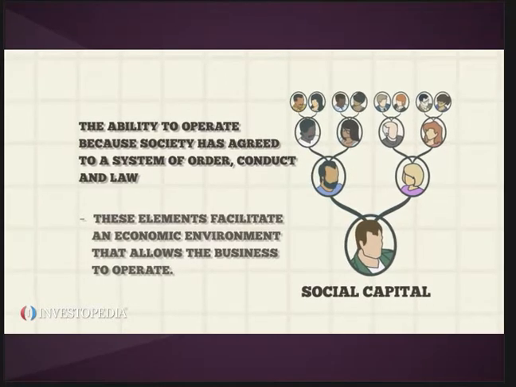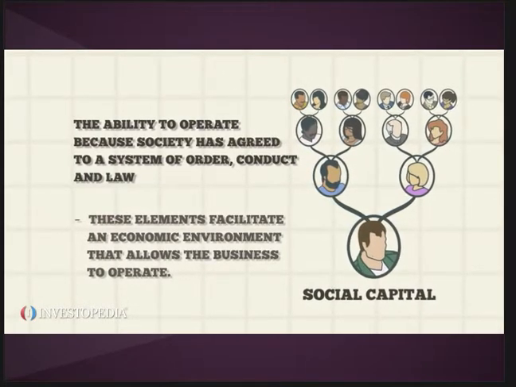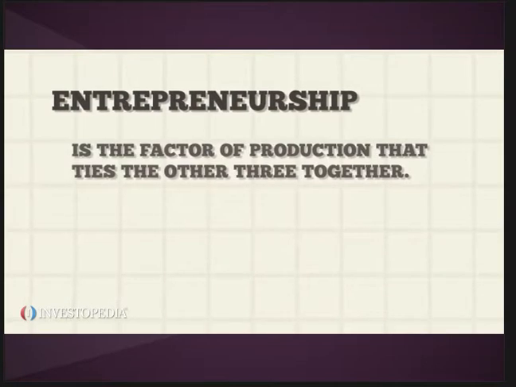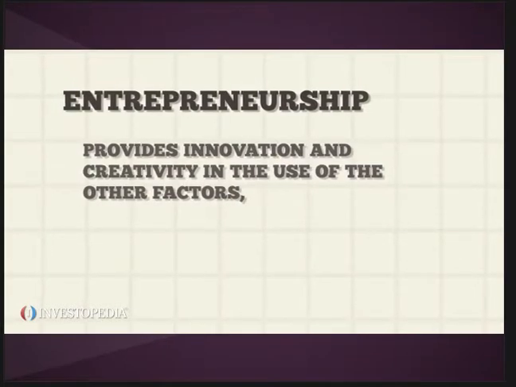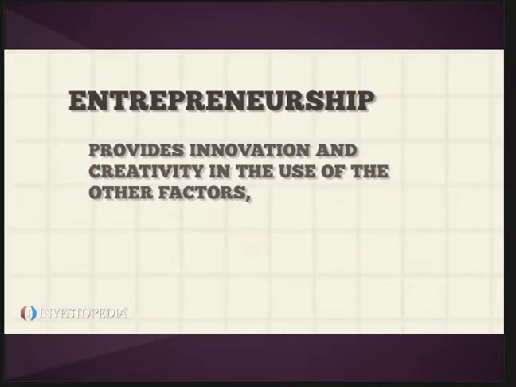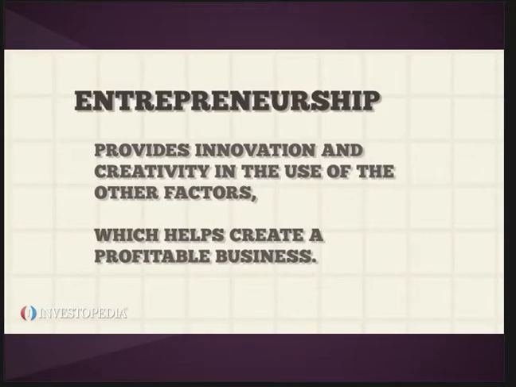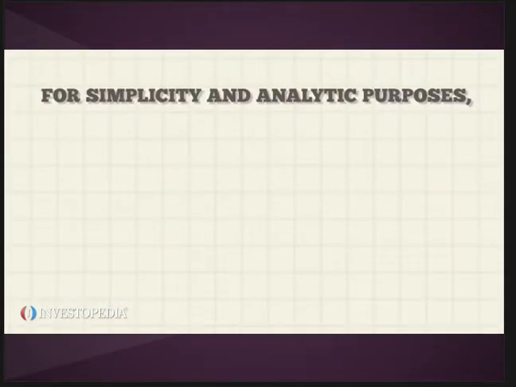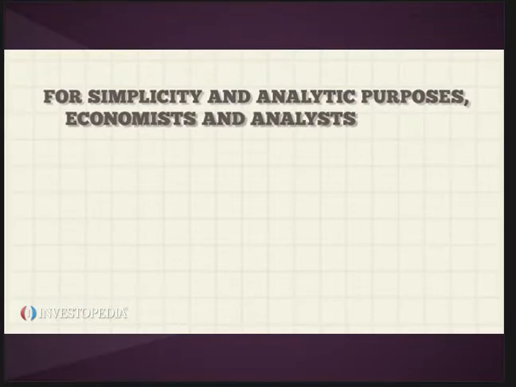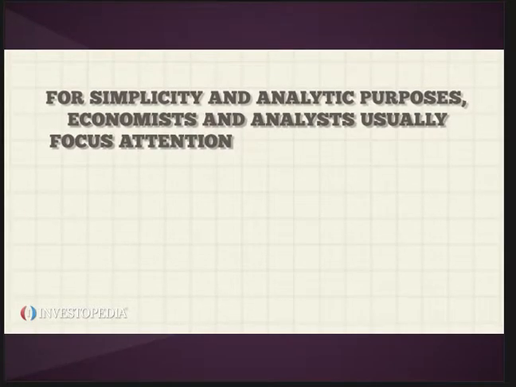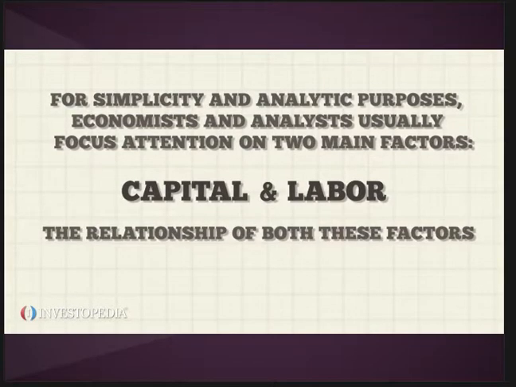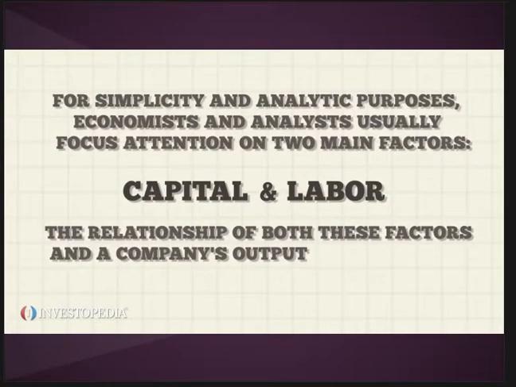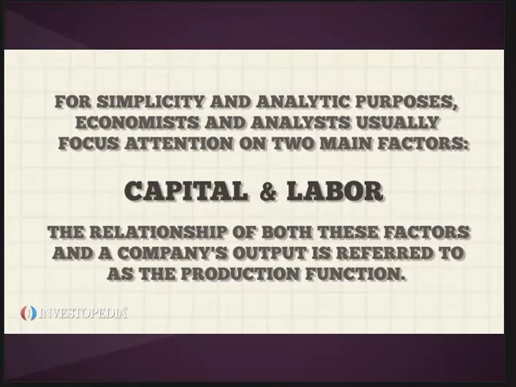These elements facilitate an economic environment that allows the business to operate. Finally, entrepreneurship is the factor of production that ties the other three together. The entrepreneur provides innovation and creativity in the use of the other factors, which helps create a profitable business. For simplicity and analytic purposes, economists and analysts usually focus attention on two main factors: capital and labor. The relationship of both these factors and a company's output is referred to as the production function.